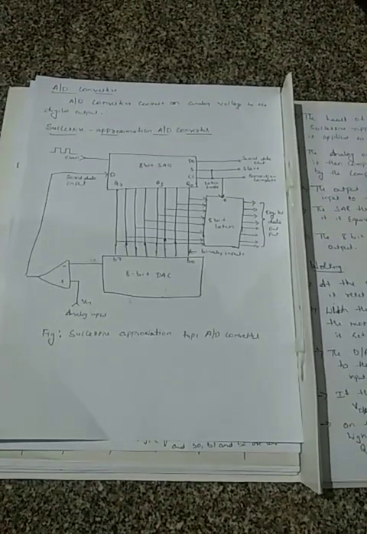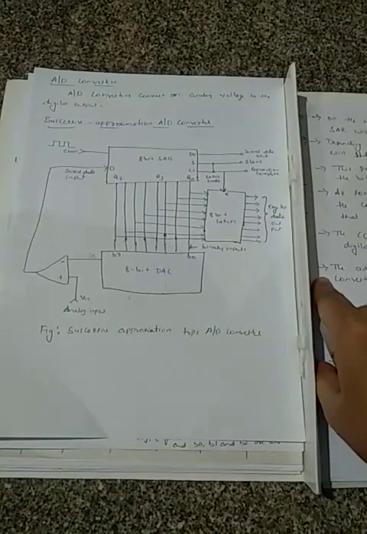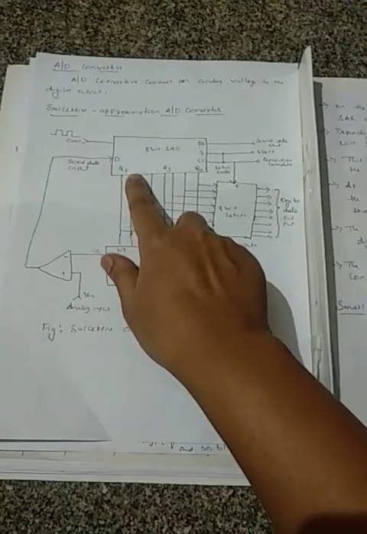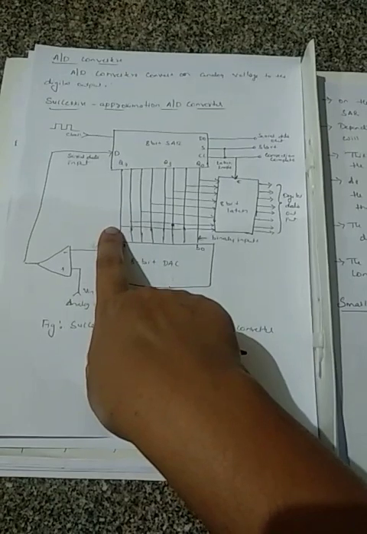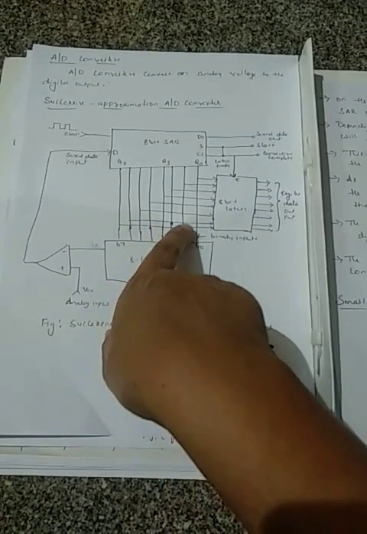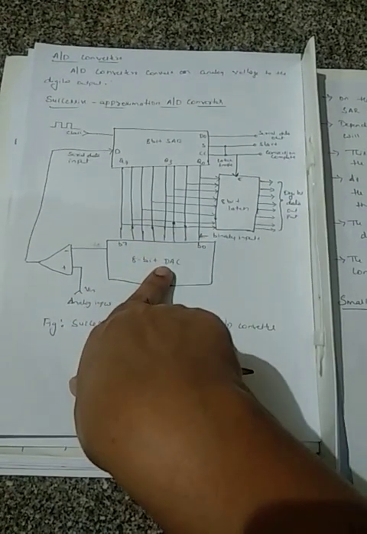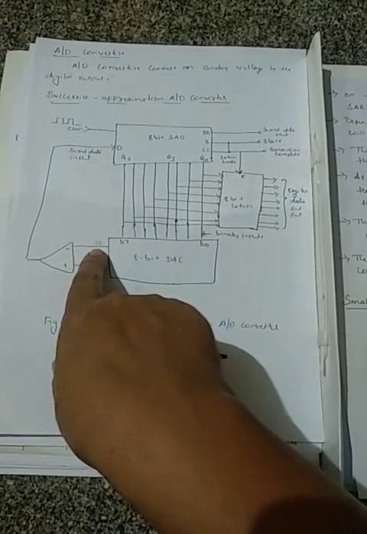Now for the next clock pulse, Q6 is made high, that is set. Now the data is 0 1 0 0 0 0 0 0. This data is converted into an analog output, and again it is compared.